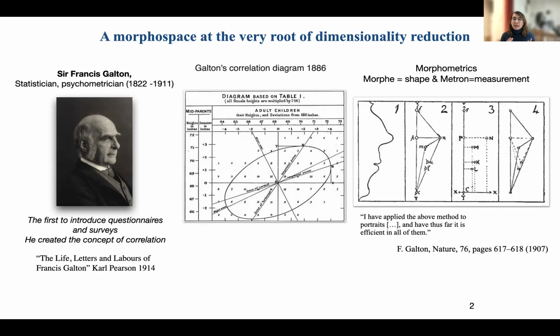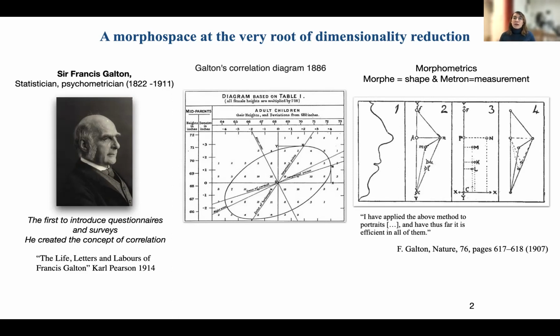And you can see here from panel 1 to 4 how there is a geometrical abstraction of these shapes. And as Galton said in his Nature paper in 1907, he was able to apply this method to all the portraits he went through.